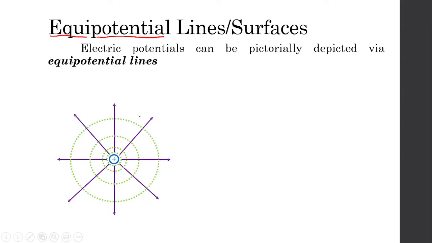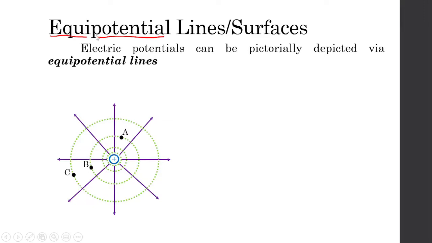From the name itself, equipotential lines, if I have these points right here, meaning I want to find the potential of this charge at point A, and then the potential of this charge at point B, and the potential of this charge at point C. Something that you have to realize is that the potential between A and B is actually the same.